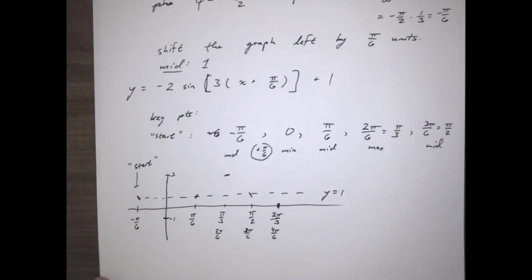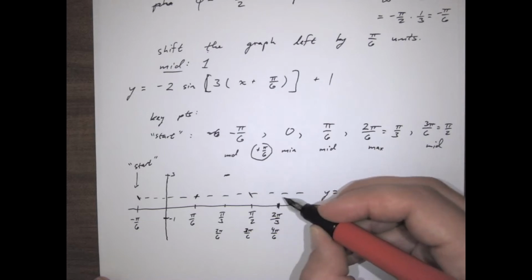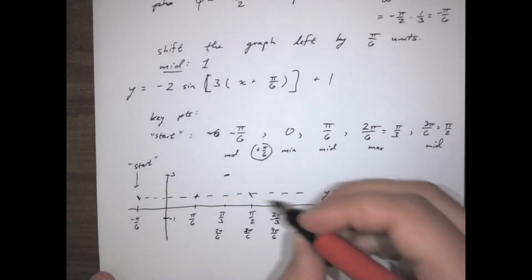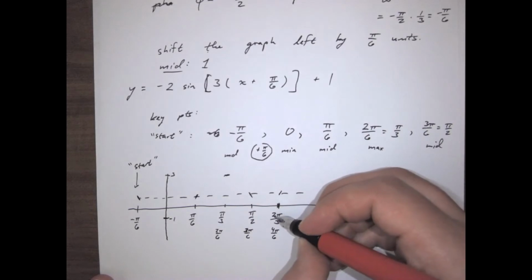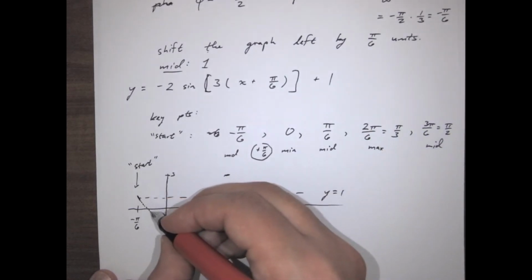What's going on here? Did I miss one here? Oh, that's right. So I went a little bit more than a period here. Sorry, so it should be going down to there. Okay, so then what's this going to look like?